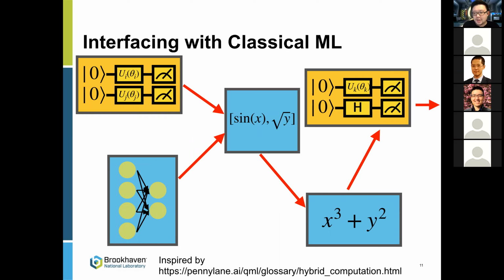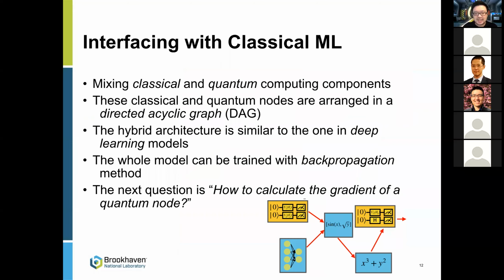Then we can combine these nodes into a very large framework in a graph. And we can train the model in an end-to-end fashion. So this idea is pretty much the same as the one used in modern deep learning, which can power very large and complex architectures.